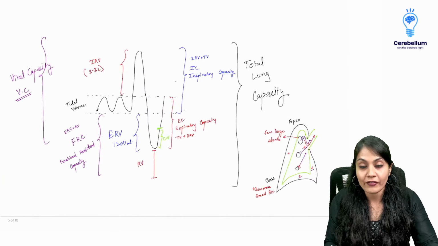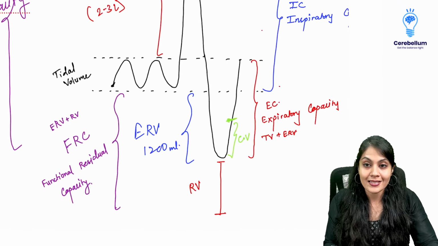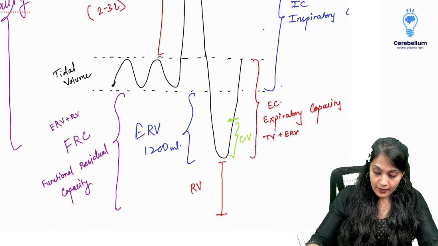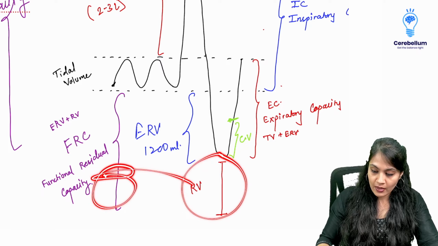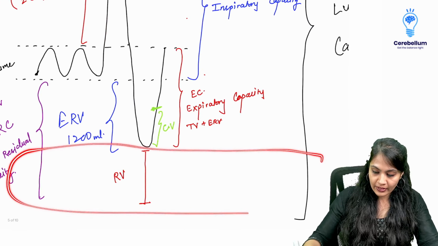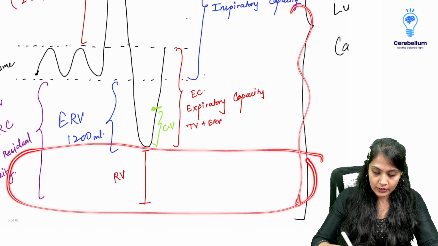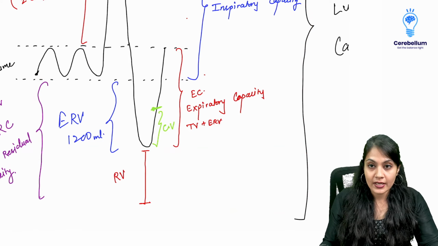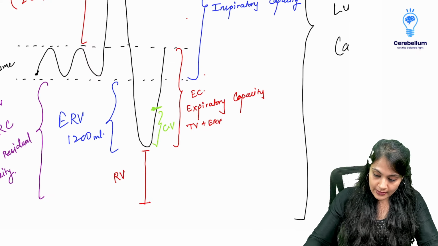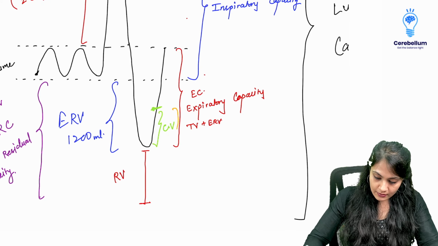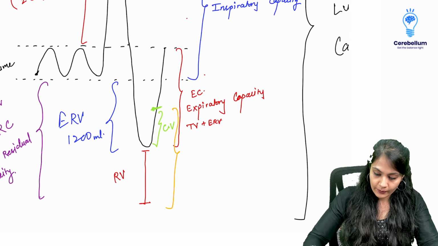That is nothing but the FRC, TLC and CC. All right. So see over here, this is the RV, right? In the FRC, I have the RV over here. And in the TLC also, I have RV over here. So I cannot measure the TLC. I cannot measure the FRC. Plus, I told you just now that CC is nothing but CV plus RV, right?